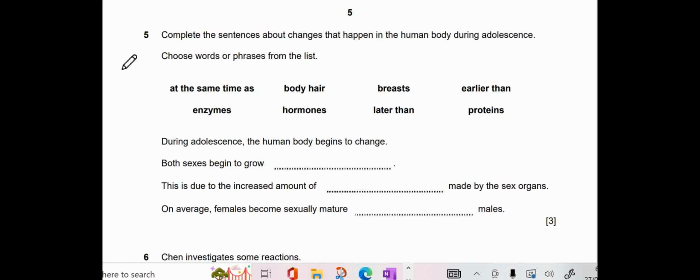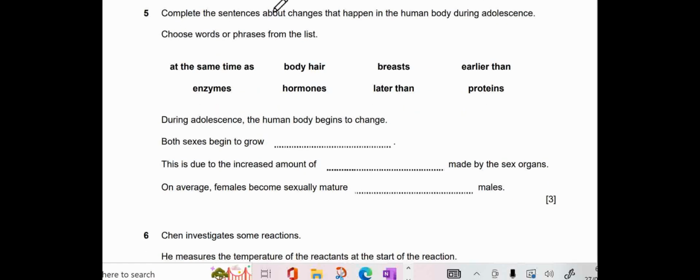Question 5. Complete the sentences about changes that happen in the human body during adolescence. Choose words or phrases from the list: at the same time as, body hair, earlier than, enzymes, hormones, later than, proteins. During adolescence, the human body begins to change. Both sexes begin to grow something. This is due to the increased amount of something made by sex organs. On average, females become sexually mature something males.